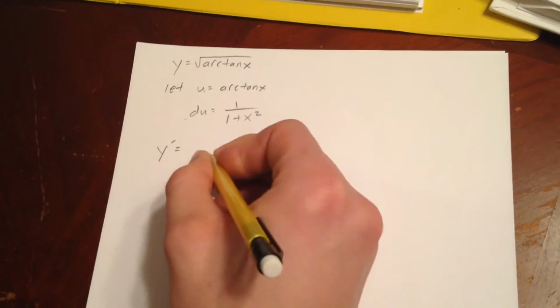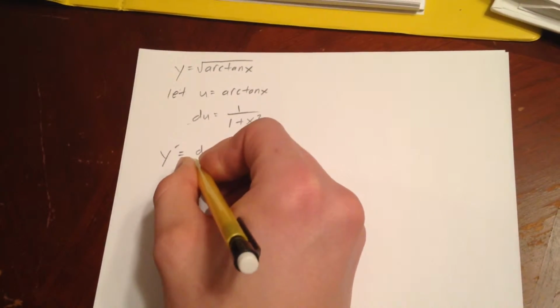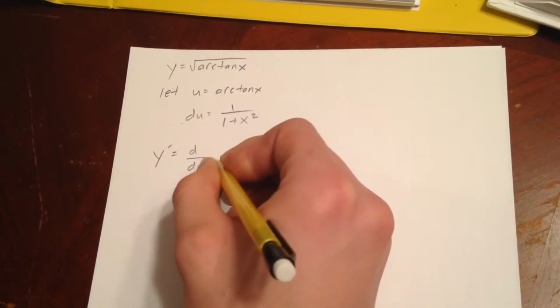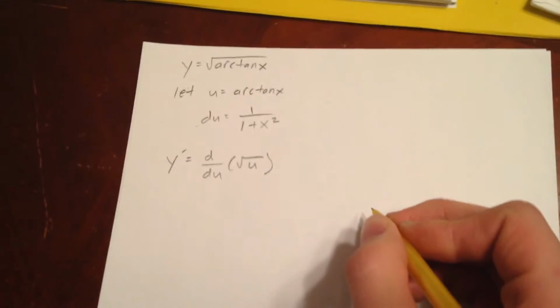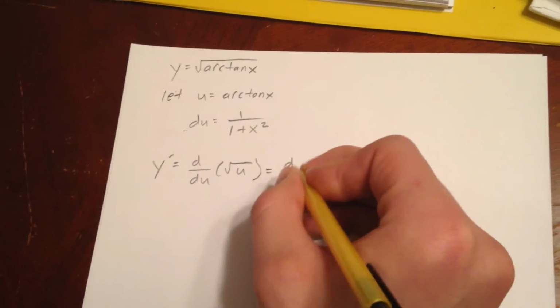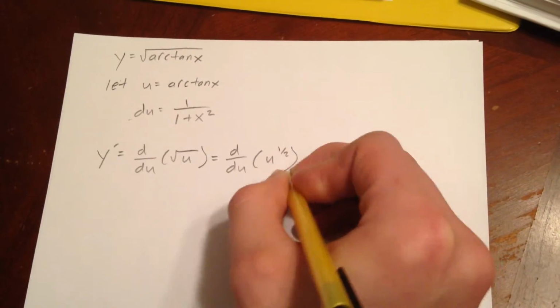So y prime is equal to d du of the square root of u, which is actually d du of u to the 1/2, if we write it like that.